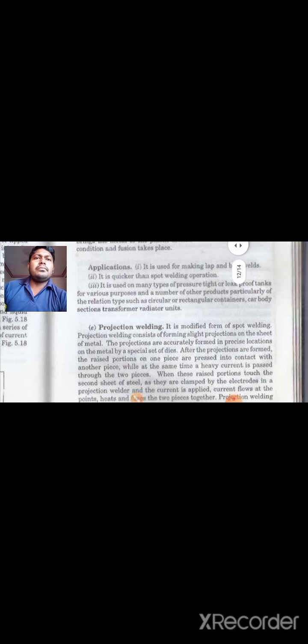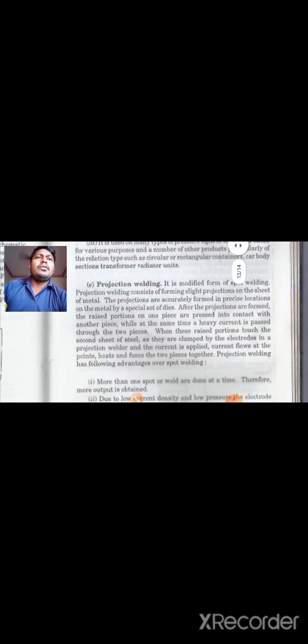Now, projection welding. It is a modified form of spot welding. So, students, the spot welding technique which we used, we have a little modification in this type of welding. Projection welding consists of forming slight projections on the sheet of metal.